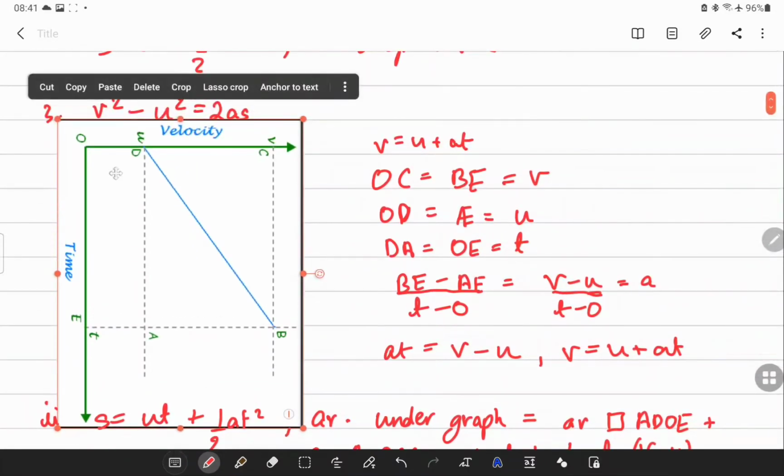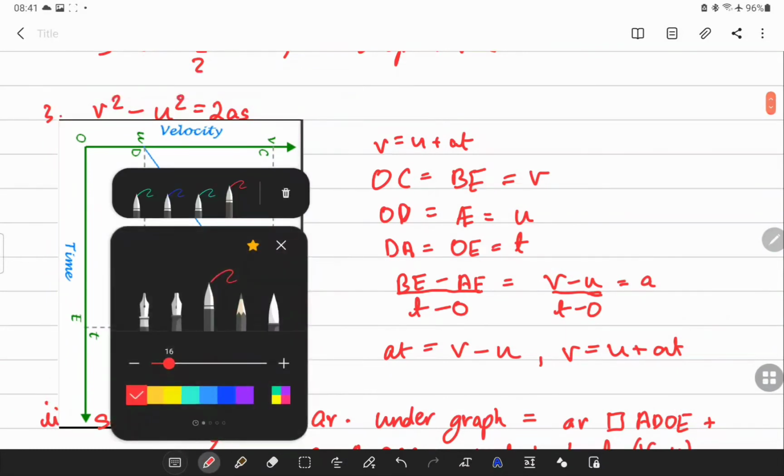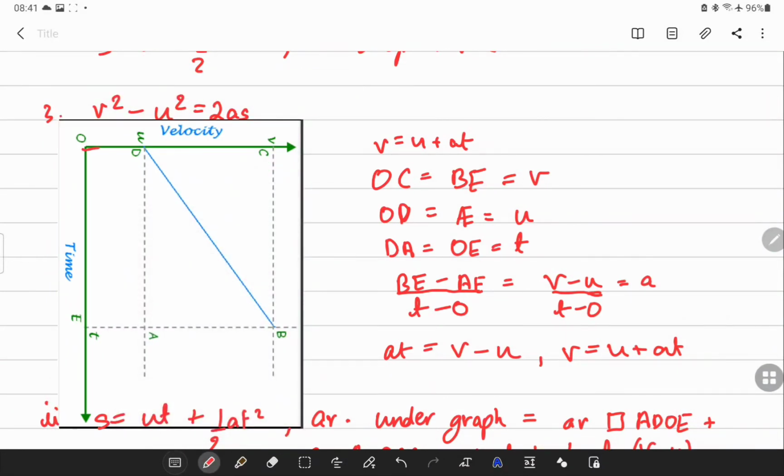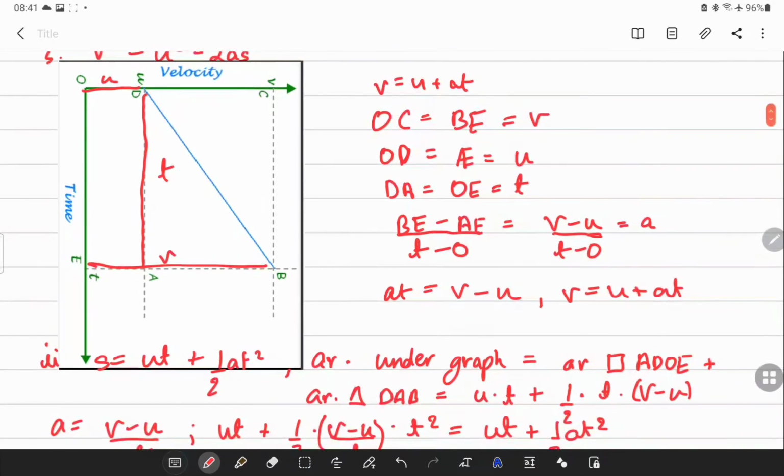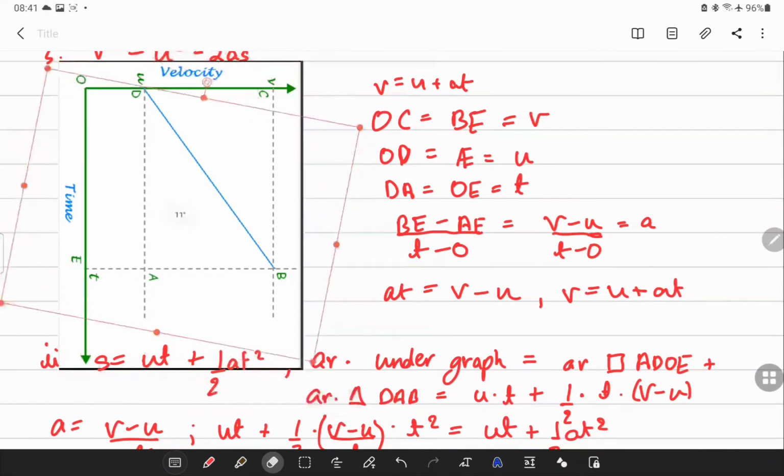These are the parallel sides, initial velocity and final velocity, and this is the height, or time. If anyone doesn't remember the formula for the area of a trapezium, it is half into the sum of parallel sides into height.